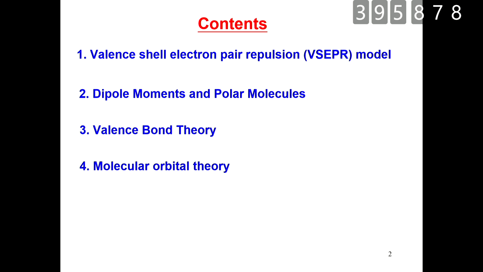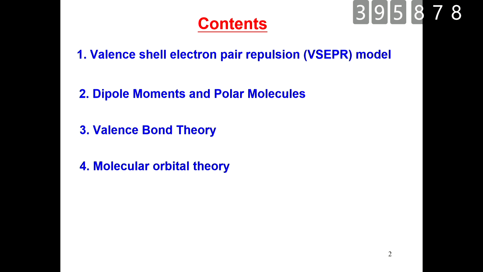Basically, valence electrons are the electrons in the outermost shell, and they can repel each other in the molecules. So according to their repulsion, we can determine the molecular geometry.